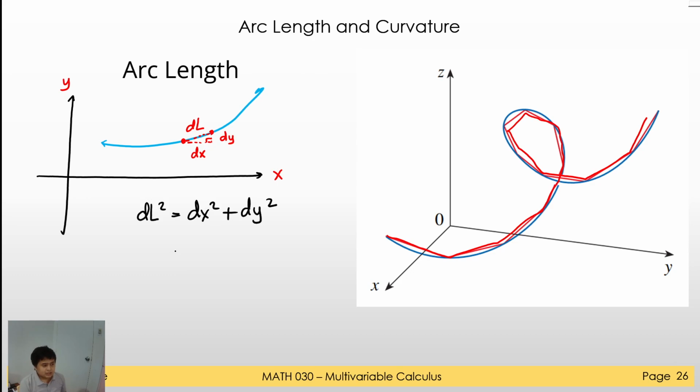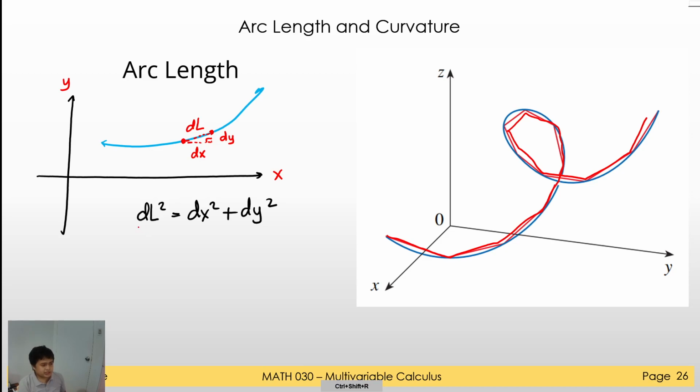Now, we know that the y coordinate and the x coordinate can depend on a parameter, which is called the t. Usually we utilize t as a parameter for describing the coordinates of x and y.